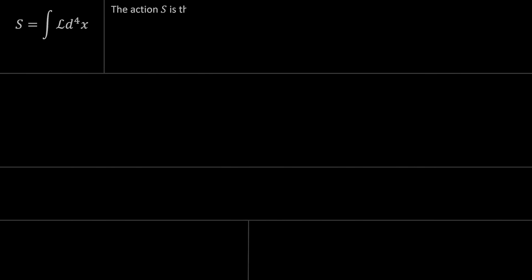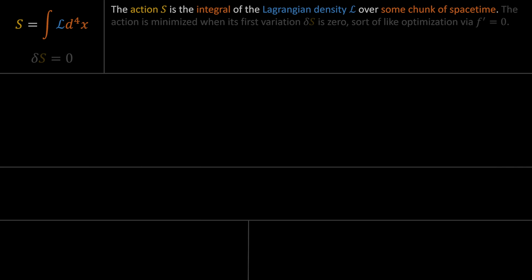We start with the principle of least action. First, we recognize that the action S is defined as the integral of the Lagrangian density over some chunk of spacetime. Then, applying the principle of least action, we're going to minimize this quantity. This occurs when the first variation in the action is zero, sort of like optimizing by setting the derivative equal to zero.